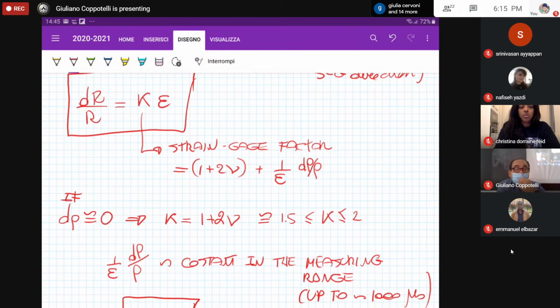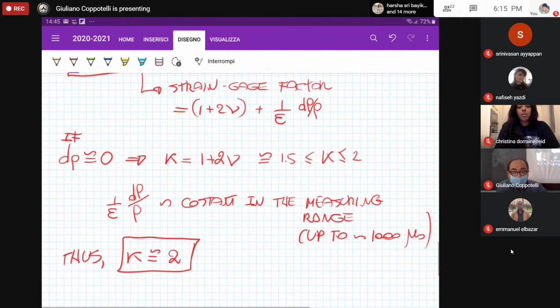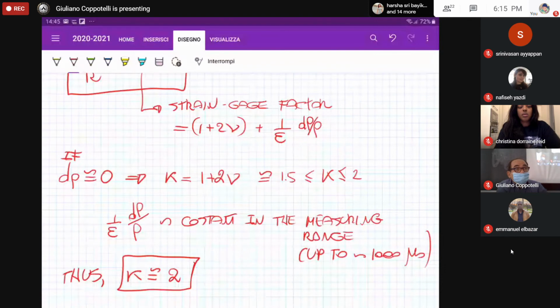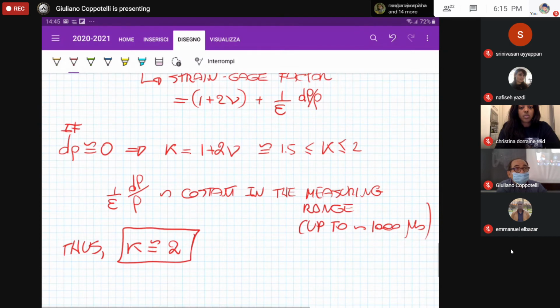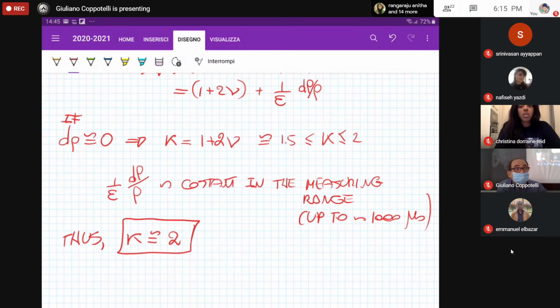But if you fail to remember that these two contributions, the change of the resistivity and the strain, compensate each other, so that K is constant, you won't pass your final exam.